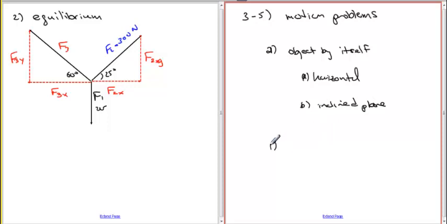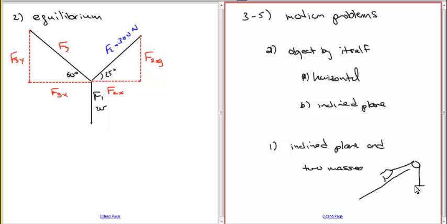And then the last one is going to be an inclined plane, but it's going to have a weight hanging. So they're going to be things that are connected together, an inclined plane and 2 masses. You can go back and look, we had the case where we had a mass hanging here, and we went over the pulley, and then we had another mass hanging down like that.